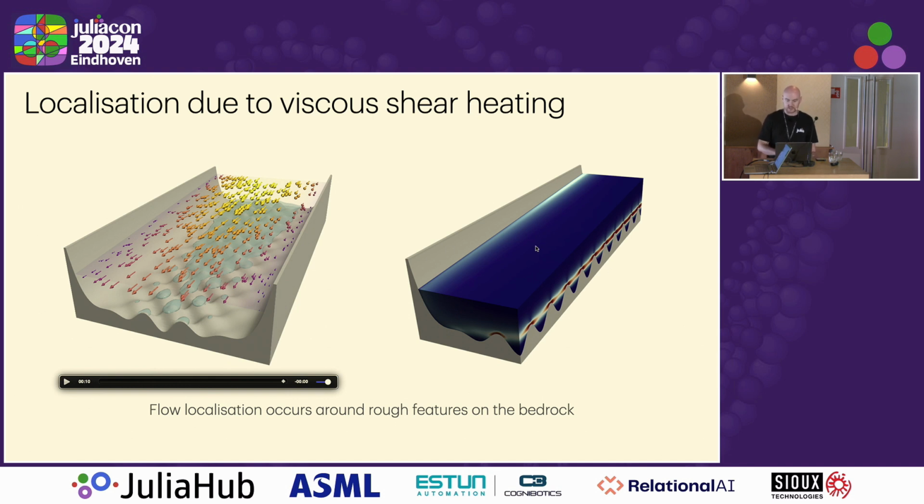And here on the right panel you can see a slice showing, I guess this is the temperature, so it shows that we have the localization and heating up of the ice close to these bumpy rough features on the bedrock, which is essentially what we try to resolve, but on much larger scales.